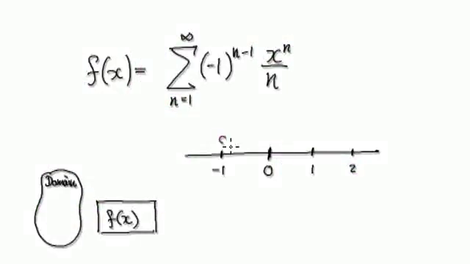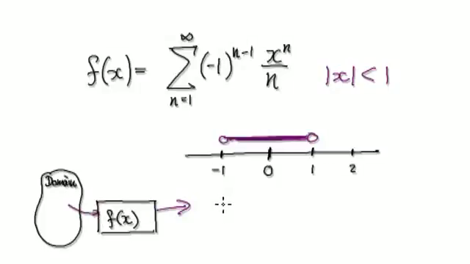You can select any number in between -1 and 1, because we've established that it will converge if the absolute value is less than 1. So the domain for this thing so far is from -1 to 1. You can put any number in between -1 and 1 into this machine, and it will spit out a number.